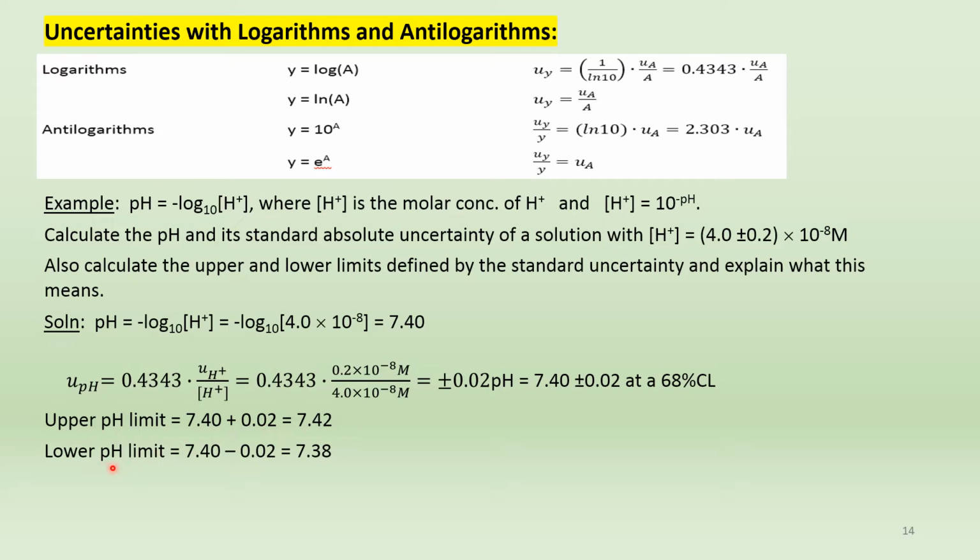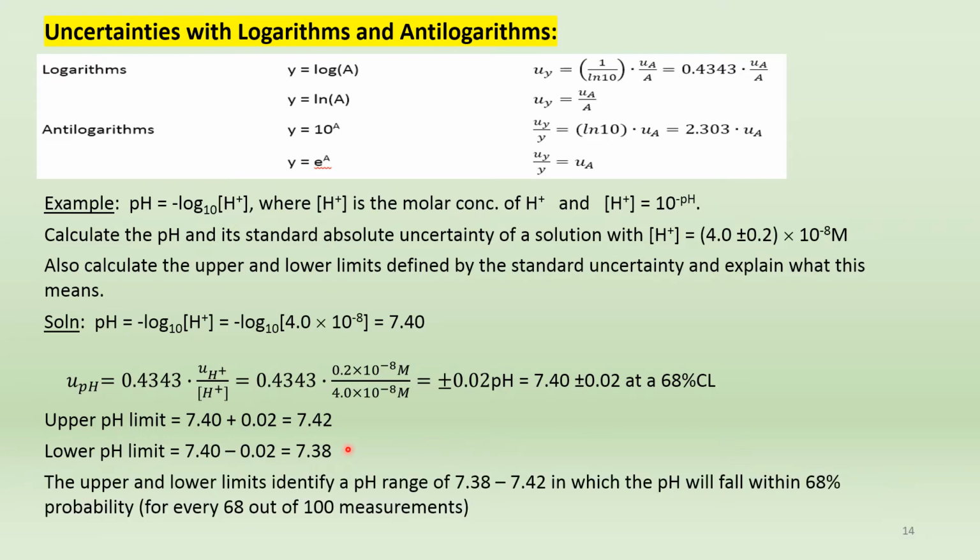We can write the lower pH limit as 7.40 minus the standard uncertainty, and that's 7.38. So the upper and lower limits identify a pH range, 7.38 to 7.42, in which the pH will fall within a 68% probability, meaning 68 out of 100 measurements.